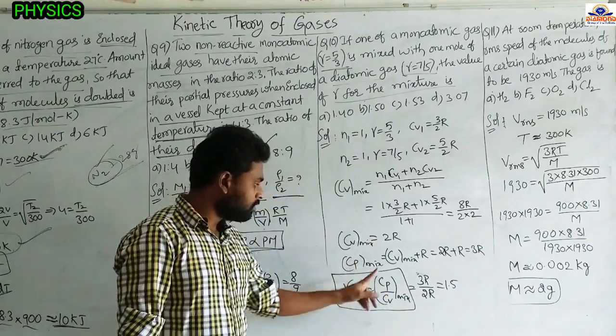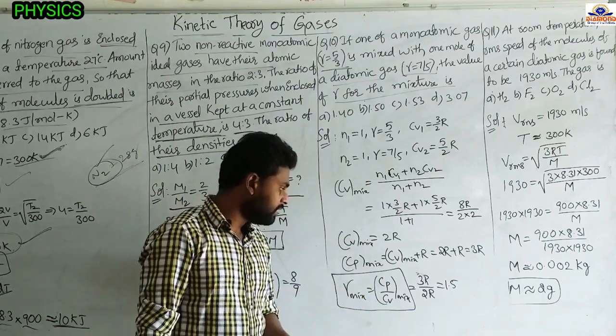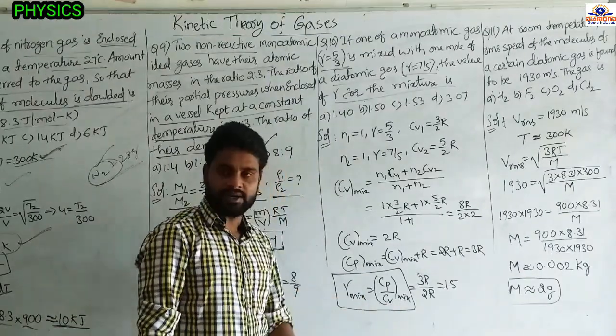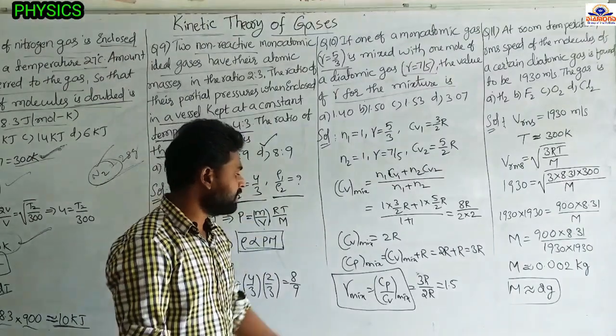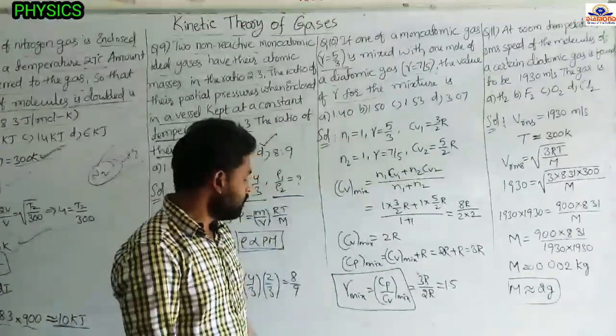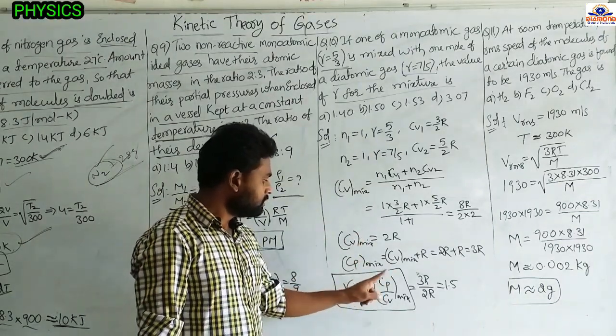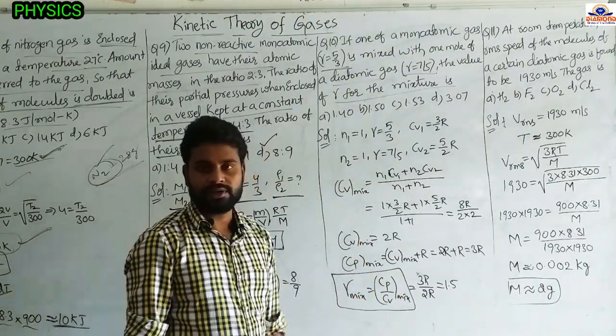So gamma mixture equals Cp by Cv of the mixture. That means we need the Cp value of the mixture and the Cv value of the mixture. Molar specific heat at constant pressure and molar specific heat at constant volume, Cp and Cv.